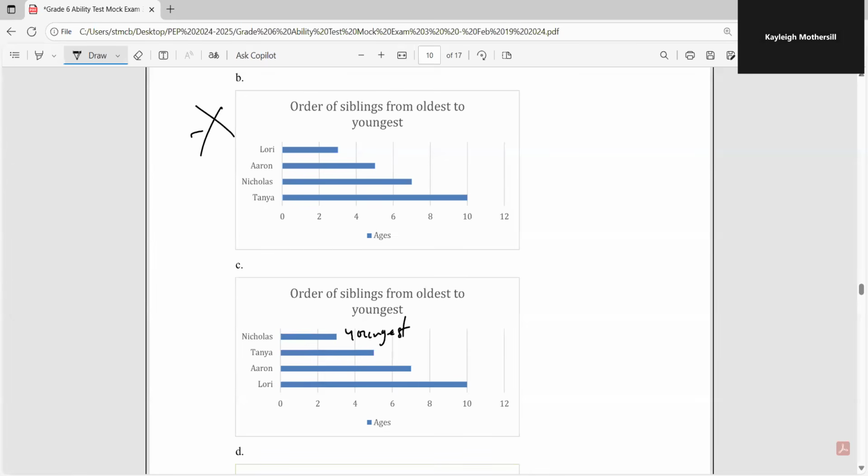So that is how you would know that C would be the answer. And Tanya is not the youngest or the oldest.